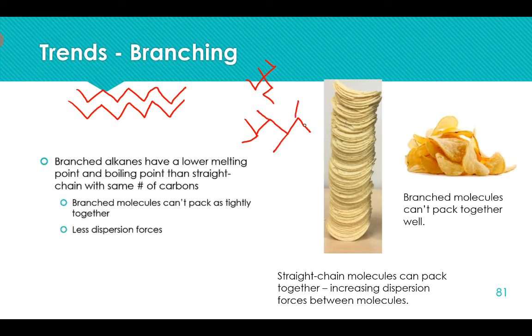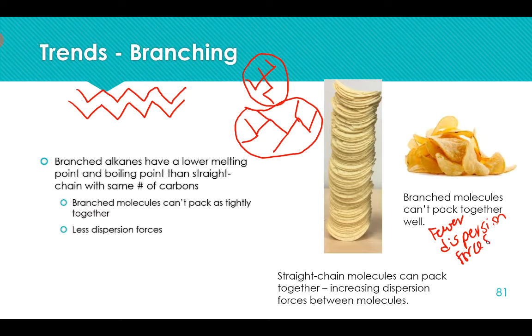Try and draw crazy branched molecules. So that molecule there and this molecule here, they just can't pack together very well. And so branched molecules will have fewer dispersion forces because they're just not close to one another. And so straight chain molecules will have more dispersion forces.